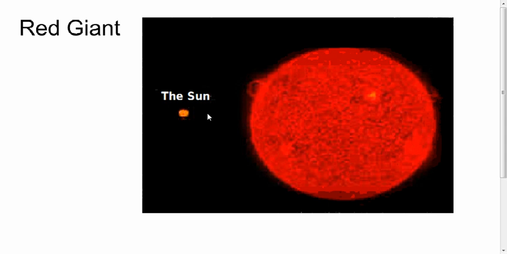And this process gets the star to fuse elements outside of the core, and then the star tends to swell into what Carl Sagan once called a grotesque image of its former self. It becomes huge, and that's why they're called red giants. An older star that's in the latter stages of its life.